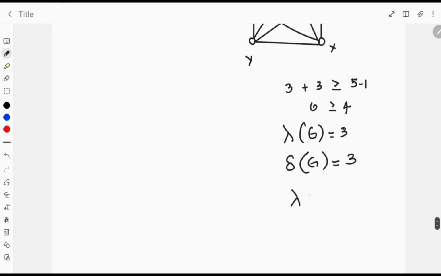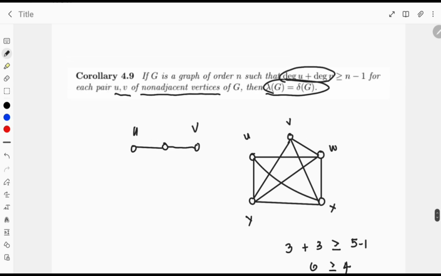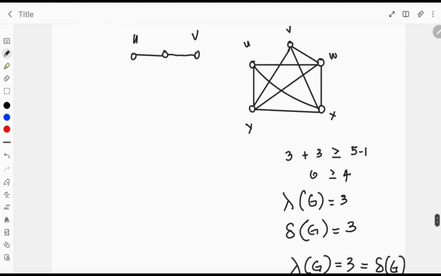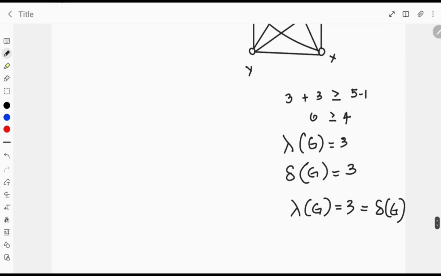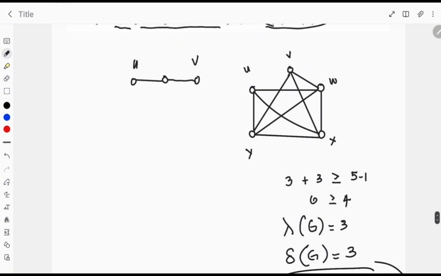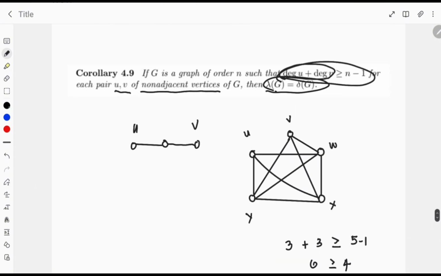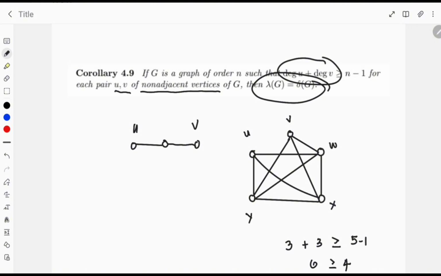Thus lambda of G is equal to 3, also equal to delta of G. Thus it is satisfied here, and also this one.